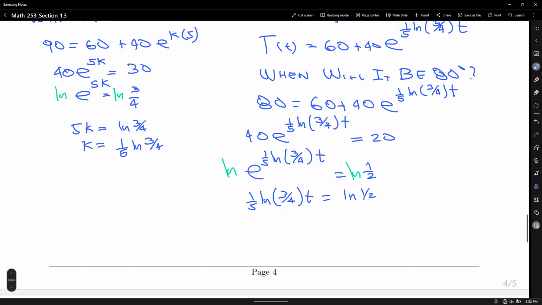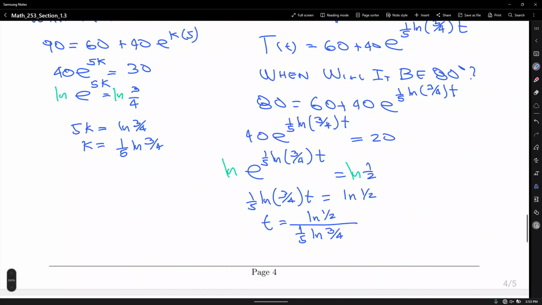All we need to do is solve this linear equation. Yes, it's linear despite the ln. The ln is just a constant, the slope of that linear expression on the left-hand side. So t will be exactly ln of 1/2 over 1/5 ln of 3/4. That will be the exact answer.